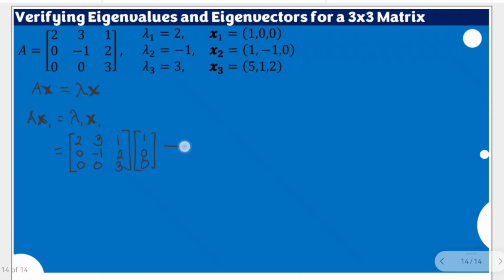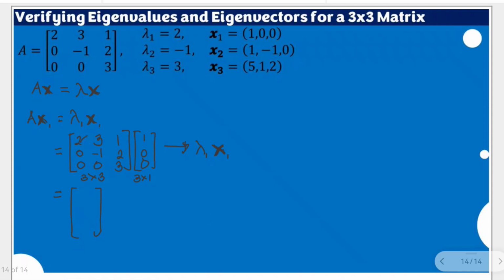Whatever the result of this is, if we can represent it as the product of the first eigenvalue times its same eigenvector, then we have verified the two. Don't forget that we are multiplying a 3 by 3 matrix to a 3 by 1. So by concept, the result is also a 3 by 1 matrix.